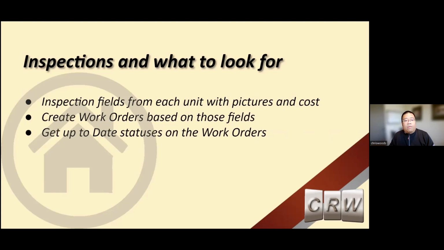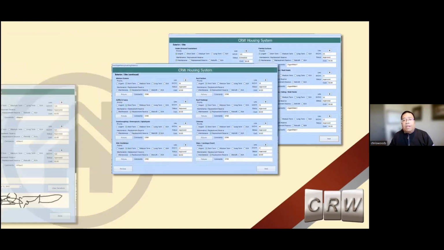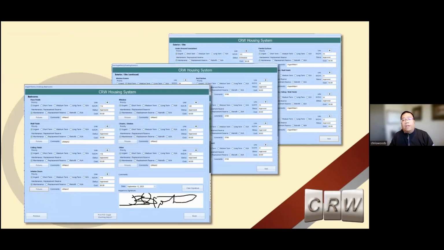Now, of course, with that, you want to be able to get up-to-date statuses on the work orders, which is what your data management system can be used for. So as an example here, you can start taking inspections, going into your homes, taking a look at certain aspects within the household.